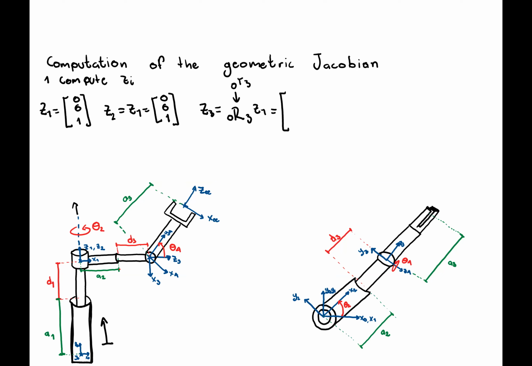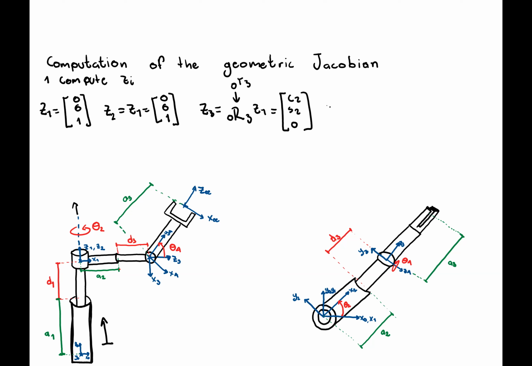What comes out of this multiplication is cosine 2, sine 2, 0. Remember that one easy way to check if this is correct is that the result needs to be a unit vector, and this is in fact a unit vector.